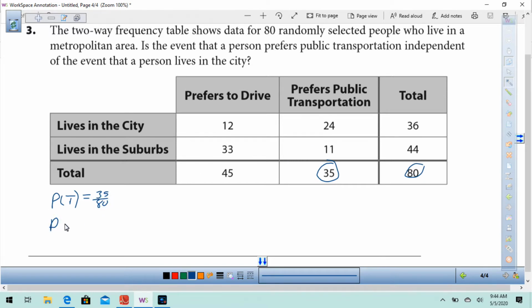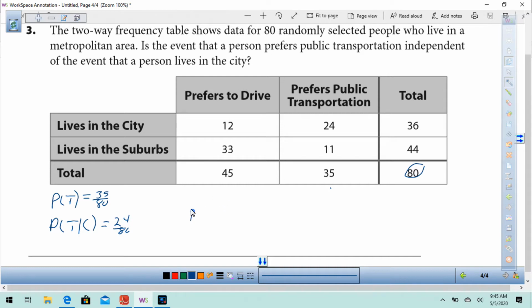Now, the probability of T given C, that's the probability of preferring public transportation provided they live in the city. That's going to be 24 over 80.